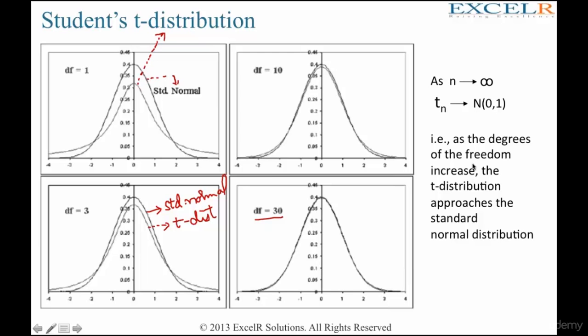As your sample size increases, degrees of freedom increase, and the t-distribution approaches standard normal distribution. So for larger sample size, you can assume that your t-distribution follows normal distribution, and you can proceed with all the analysis that are possible for normal distribution. That's the advantage.